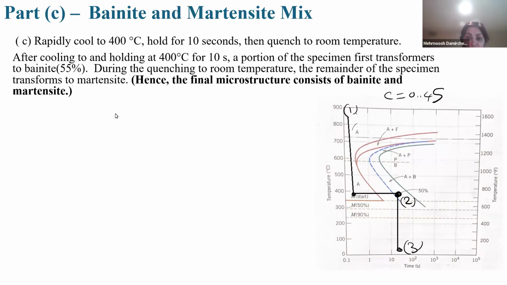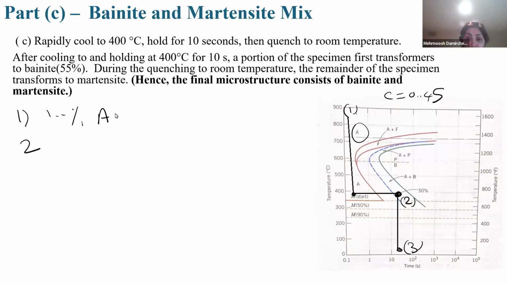At 1, we are in the austenite area. So it is 100% austenite. At 2, look here, a little more than the blue dash line between 50% and 100%. Approximately, I say 55% or maybe 50%, but not much different.